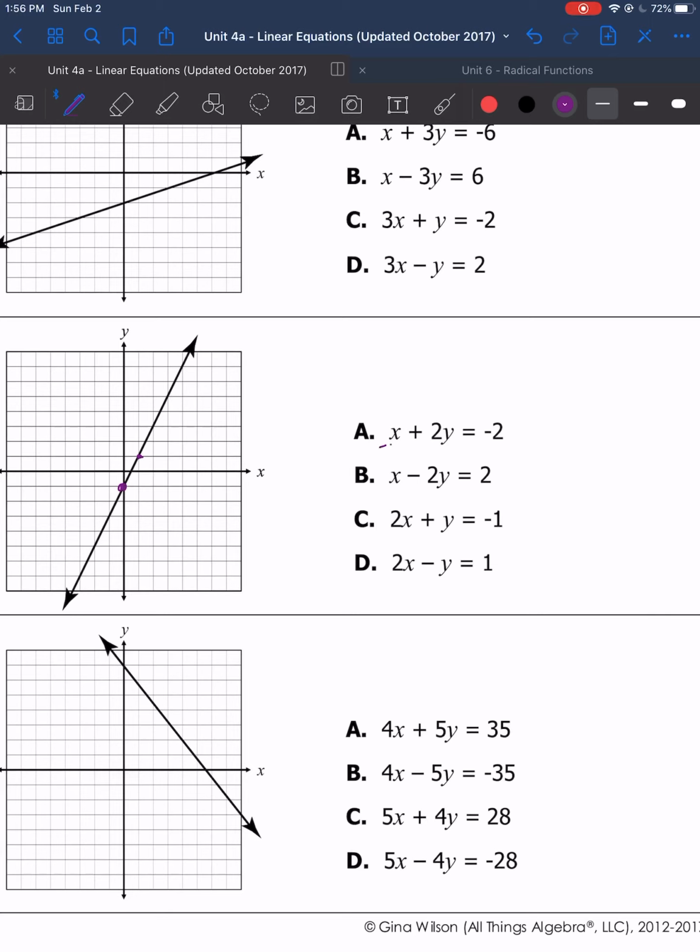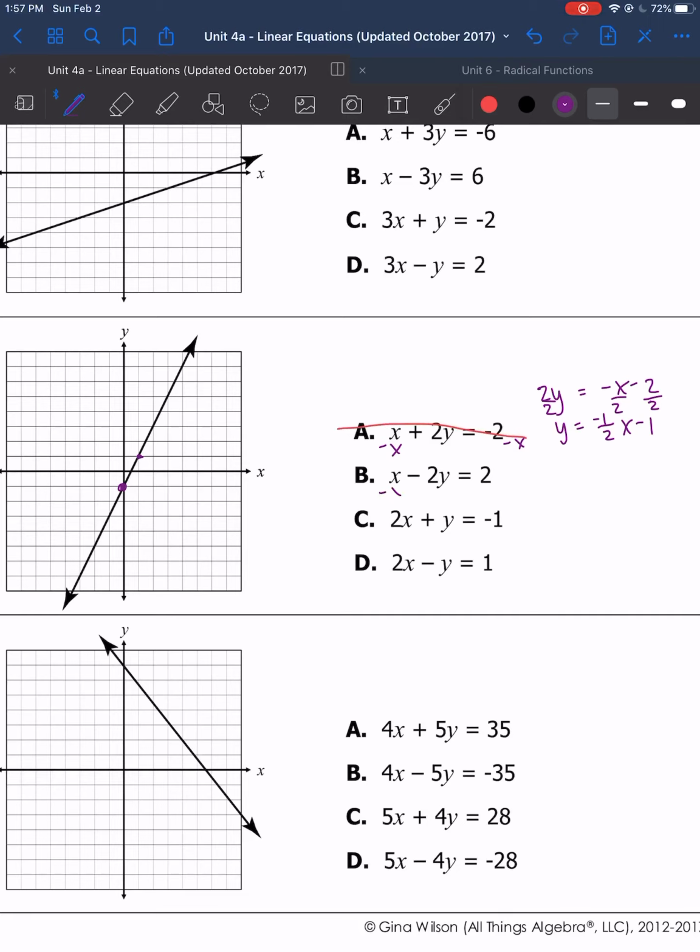So let's convert these to slope-intercept form. So if I subtract x, so I get 2y equals -x minus 2, divide everything by 2, y equals -1/2 x minus 1. So that's not it. Cross that one out.